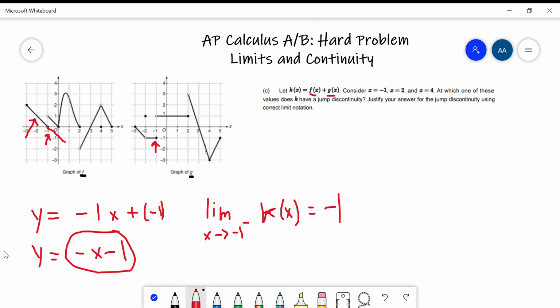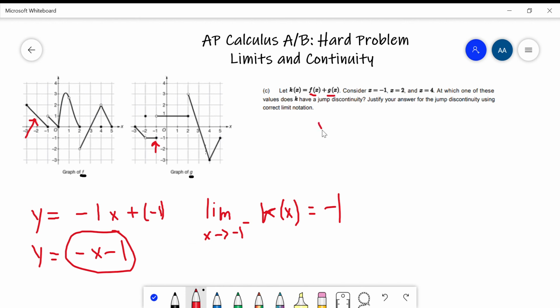So on the right hand side, let's erase some of this a little. We see another linear function, and we see another straight function. So this is going to be pretty similar to what we did solving for the left-hand limit, but with some different values. It's going to be pretty simple.